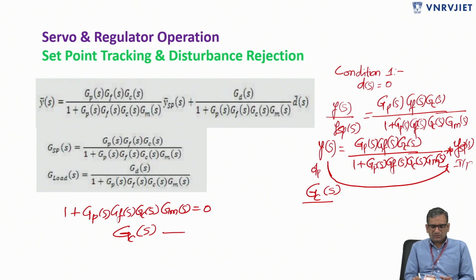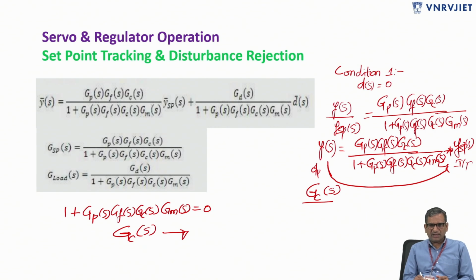So the selection of Gc(s), the controller, is very crucial, whether we need to select a proportional controller or a PI controller, and the controller parameters like proportional gain or integral time. It is very crucial in set point tracking performance.